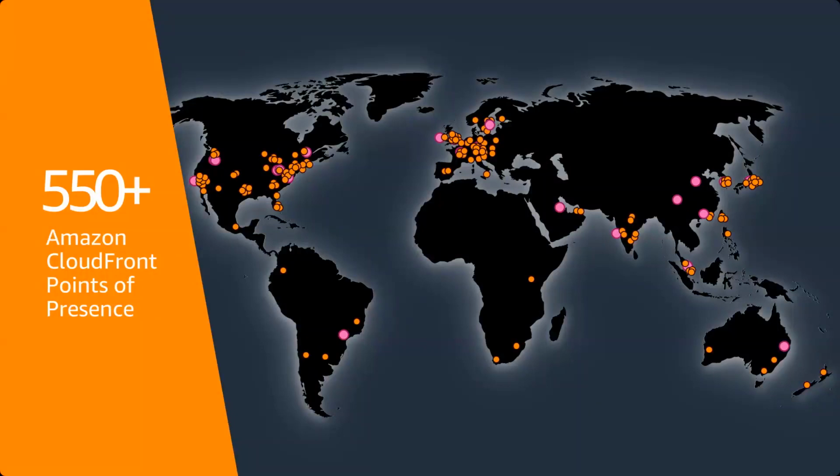CloudFront has over 550 points of presence. Again, this is very important because your users will be hitting these CloudFront distributions with very little latency because of how well the distributions are spread all around the world.